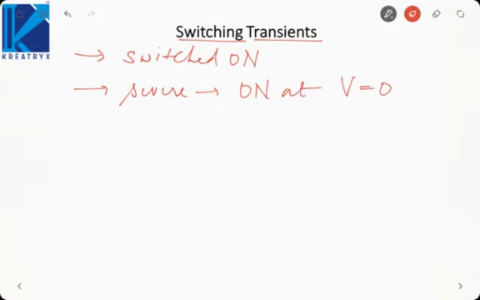If at the instant when the voltage crosses 0 you switch on the transformer, the switching transient will be very severe, and it is least severe if you switch on when the voltage is at its maximum value. I will show you why it is so, but you have to remember that switching transients are most severe if the transformer is switched on at voltage zero crossing, and least severe when the voltage is maximum.